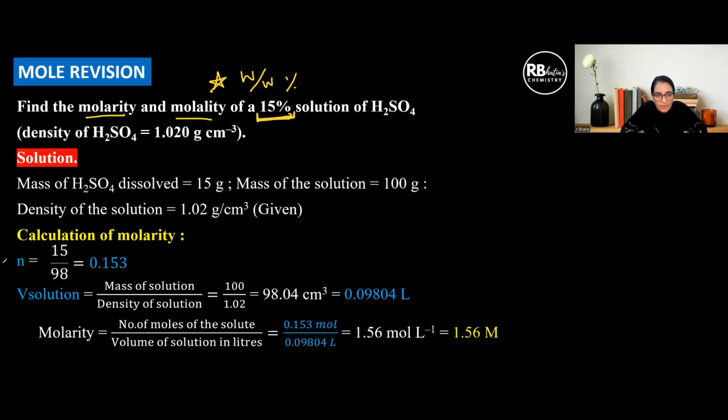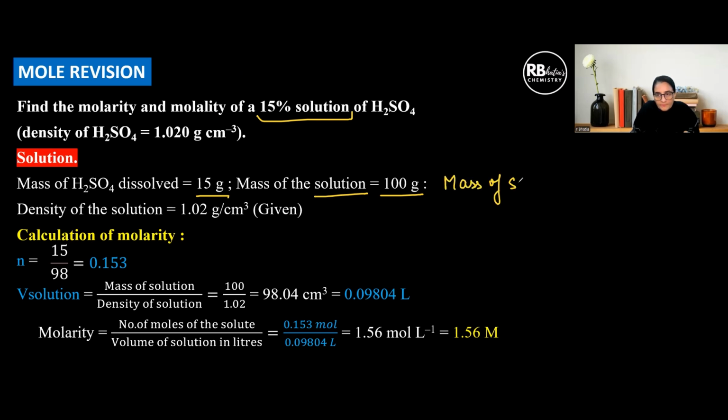So 15% solution of sulfuric acid means 15 gram of sulfuric acid is present in 100 gram of solution. If I subtract the two, mass of solvent will be equal to 85 gram, 100 minus 15. And then density of solution is given to us.